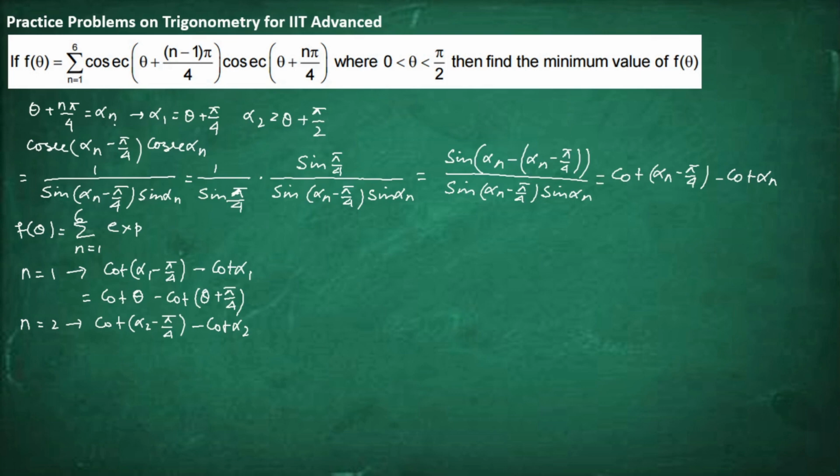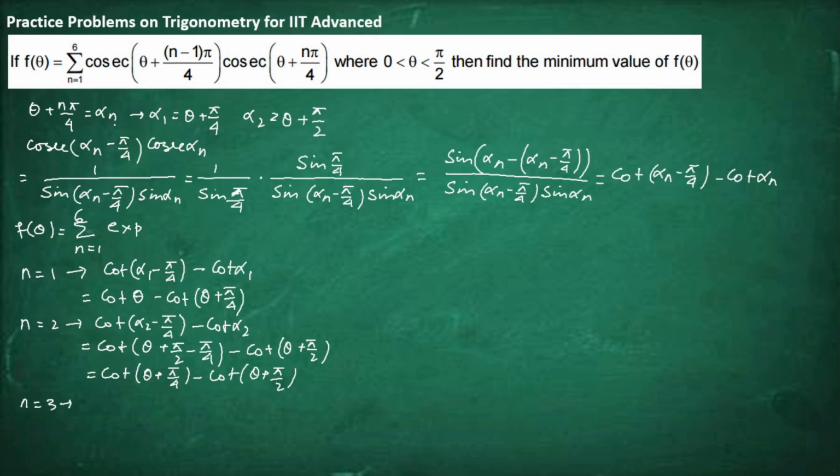So if I put it here, what we are getting is basically cot(theta plus pi by 2 minus pi by 4) minus cot(theta plus pi by 2), right? So we are getting basically cot(theta plus pi by 4) minus cot(theta plus pi by 2). Is it clear?